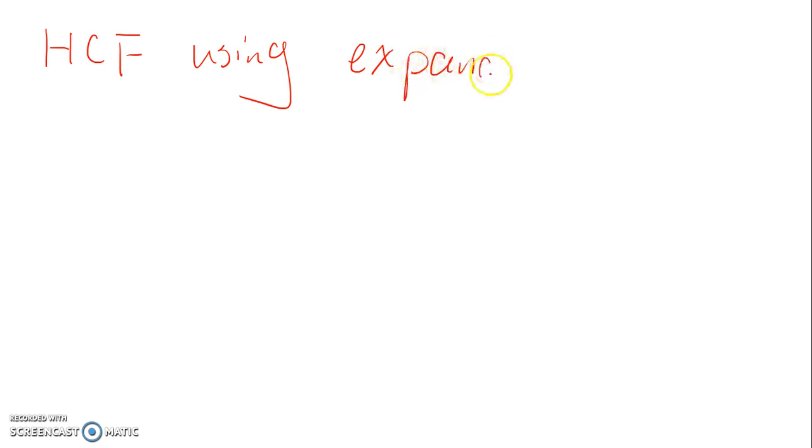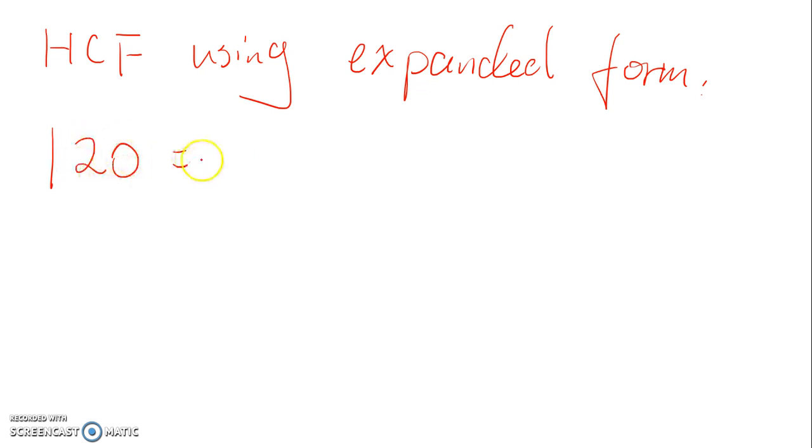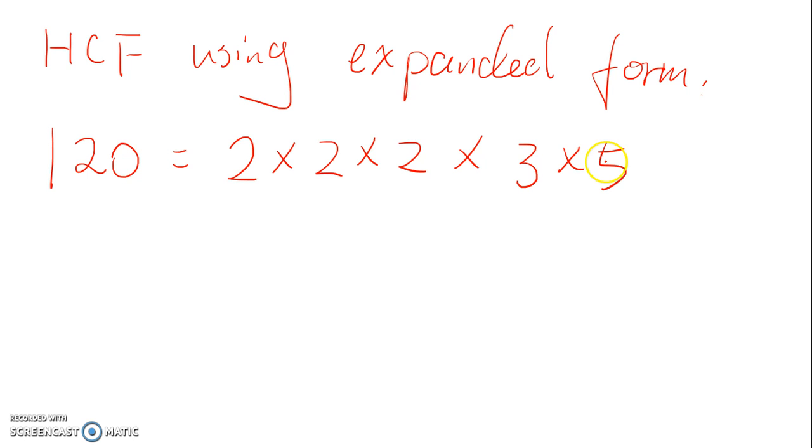Now, one last part of this video, we're talking about how do you find highest common factor using expanded form. So for example, let's say the questions that we had before, 120 equals expanded form 2 times 2 times 2 times 3 times 5.